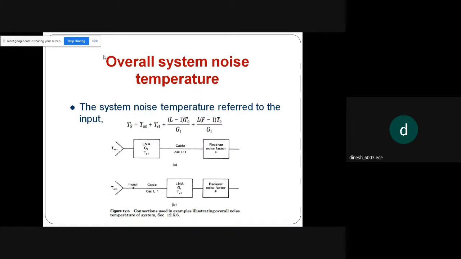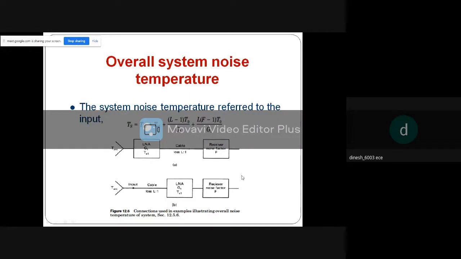So the connections are used in examples illustrating the overall noise temperature of the system. Due to this L to 1 condition, we get G1 and F. This can be done for cascading also.